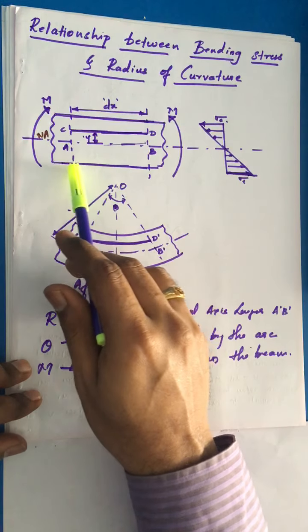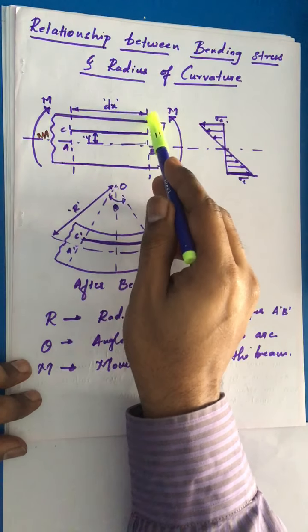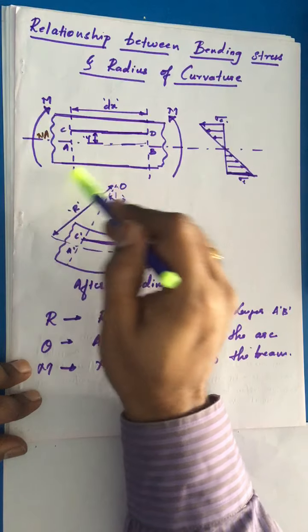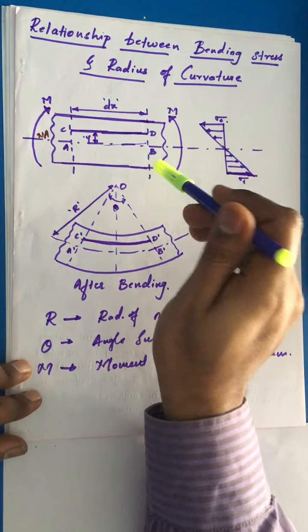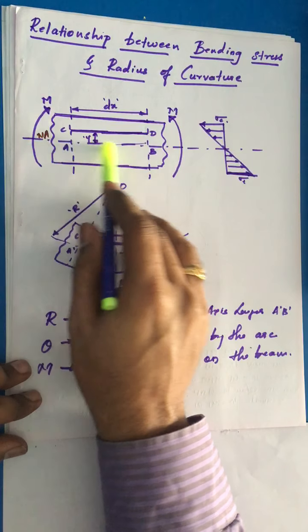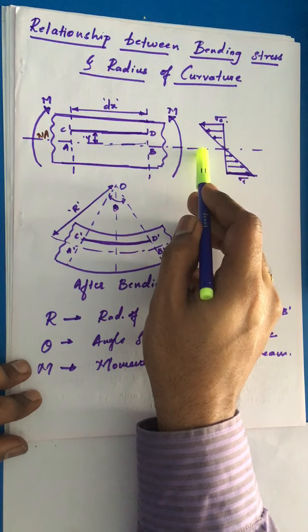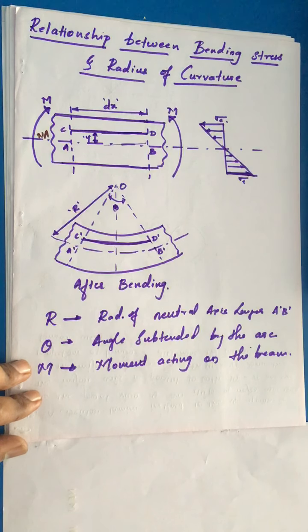This diagram is nothing but a portion of a beam with the thickness of dx, which is subjected to pure bending moment M as shown in the figure. The line in the middle represents the neutral axis, and it is called so because the neutral axis does not have any stresses on it, neither tensile nor compressive.